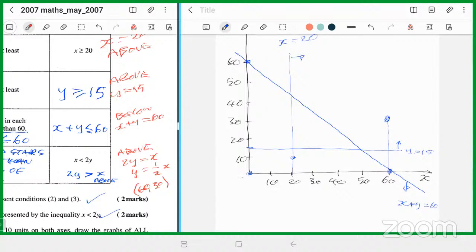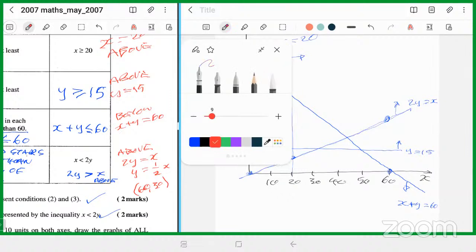So it will go like so. This is the line 2y equals x, or y equals half x. I have to go above this line. So the region that we want is inside here.